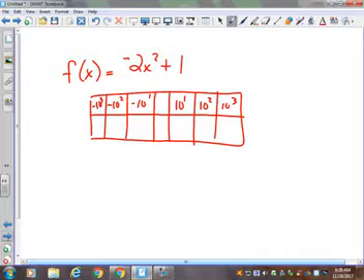Alright, so go ahead and put this in your calculator and get your table filled in and show as it goes to the left or goes to the right. They're not going to the same thing, but see if they show they're both going to negative infinity, because that's what we said before we started the problem, that we think it's going to do.